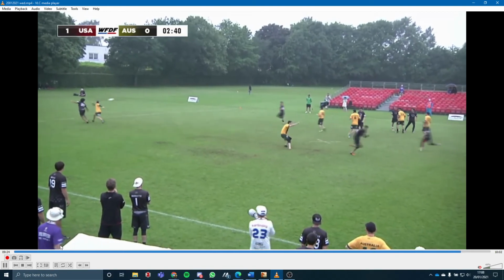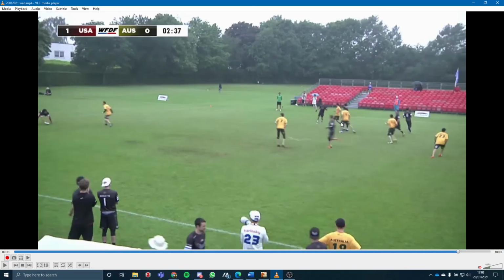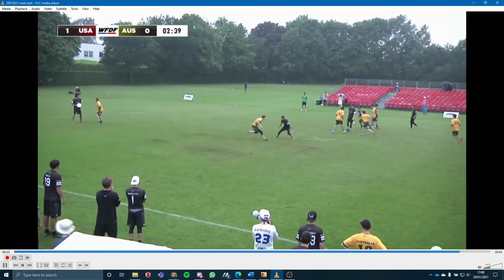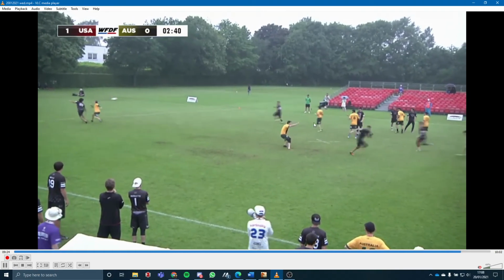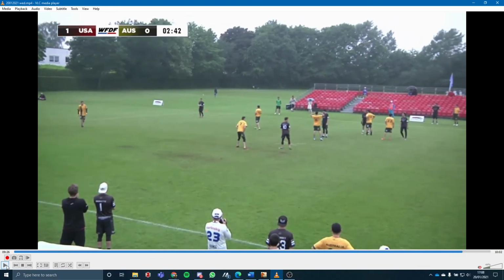So the pick happens here. We see it definitely is a pick, as the Australian player has to run through lots of players to get to his mark. So this player runs straight through the middle of these people, and therefore a pick is called.